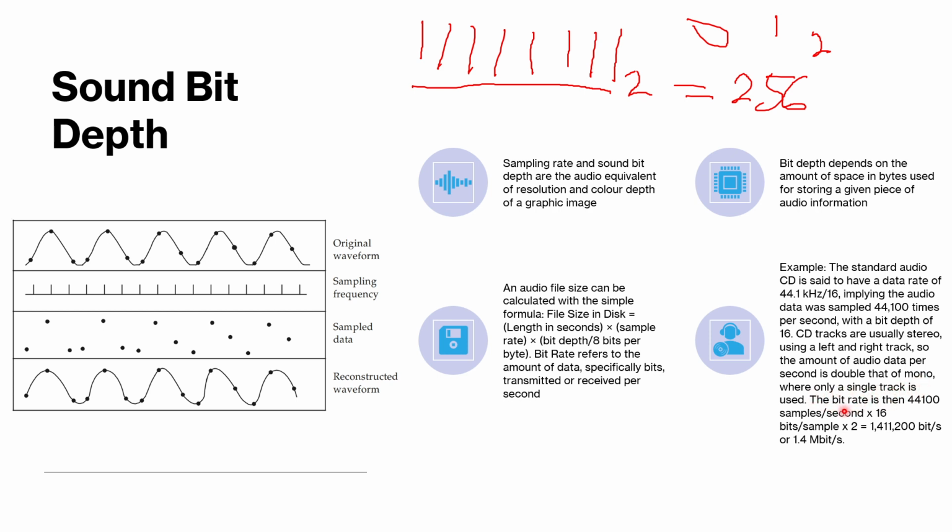So as I said, mono uses just one path, but with stereo, we have both sides given.